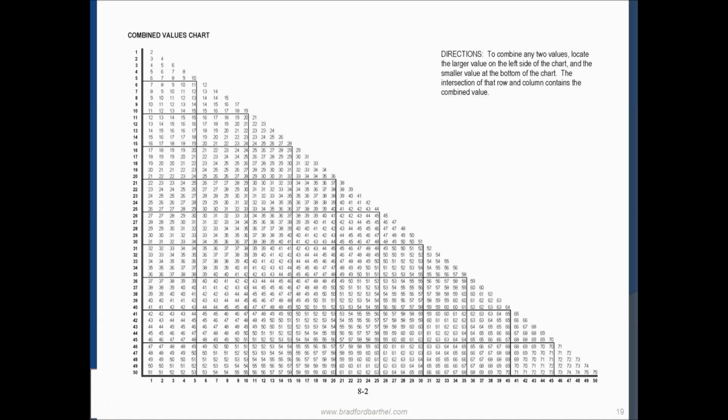So this is what the combined values chart looks like in the 2005 PDRS. This is just page 1. There are 3 pages. And the way we combine is we take the greater number that we're combining, find it on the left-hand column, and we take the smaller number across the bottom.